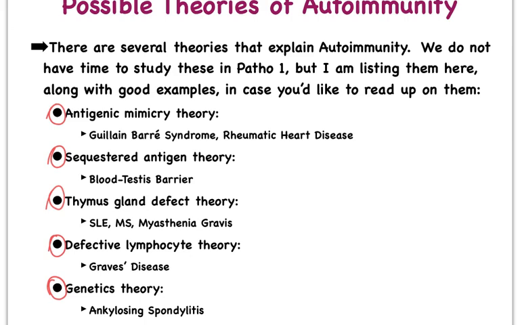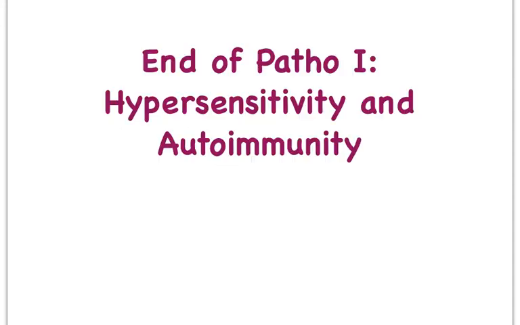So take a look at how these theories explain the development of an autoimmune disease. These are very easy for you to understand, so you might be very interested in reading up on these. I will not hold you accountable for those for tests, either quizzes or exams. This is just for your information.